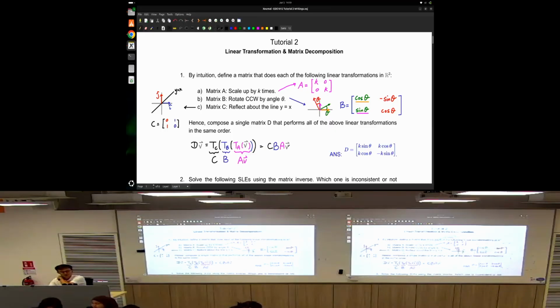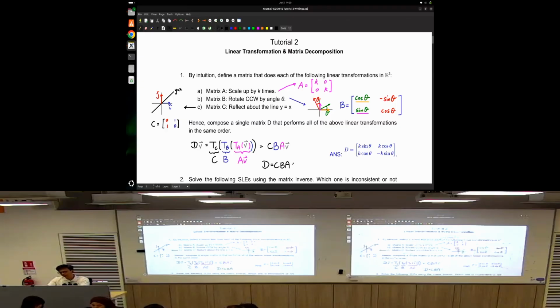Which means if you put in any vector from the vector space, you must go through matrix A first. Then take the result, put it inside the transformation by matrix B, and repeat that for matrix C. So in this respect, the matrix D must be CBA. Okay? So D equals CBA.